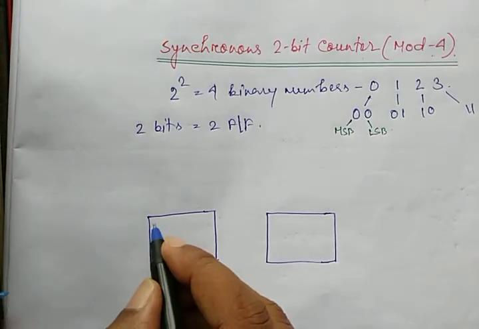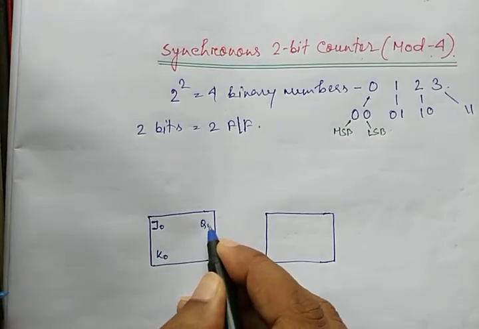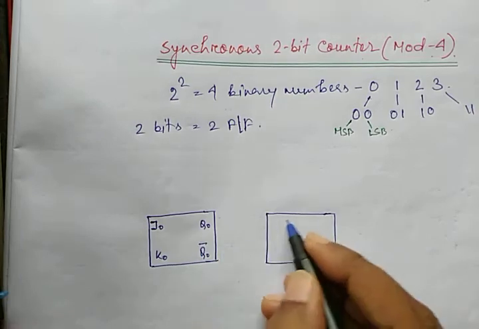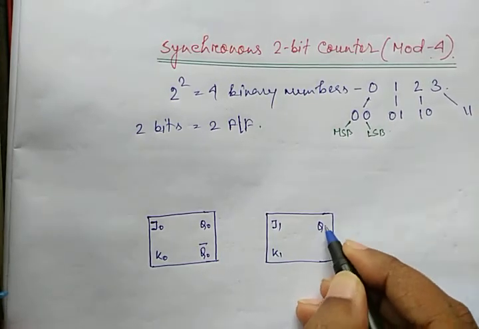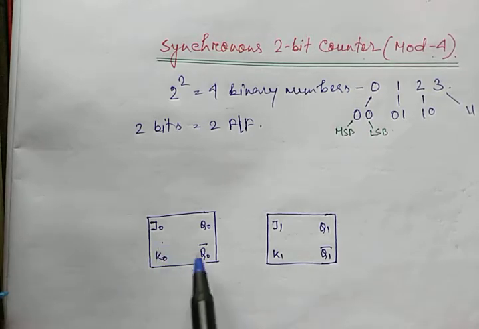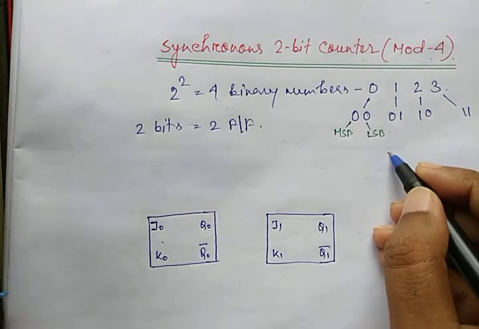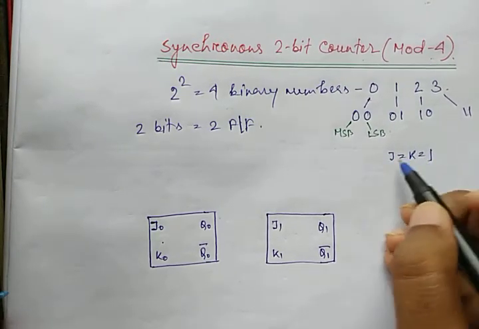The first one is denoted as J0, K0, Q0, Q0 bar, and the second one is J1, K1, Q1, Q1 bar. I have already told that we are going to use the toggle state of JK flip-flop. For toggle state, both the inputs J and K must be 1.